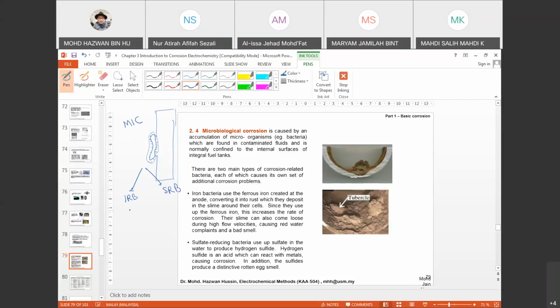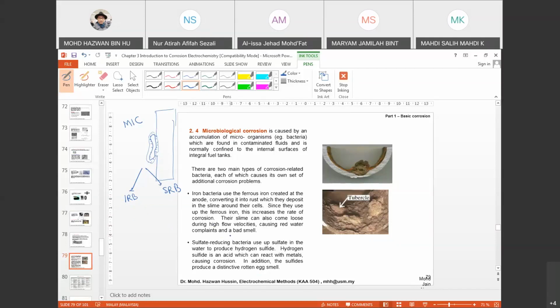IRB stands for iron reducing bacteria, and SRB is sulfate reducing bacteria. IRB reduce iron, and SRB reduce sulfate into hydrogen sulfide, which, of course, you know is very corrosive.